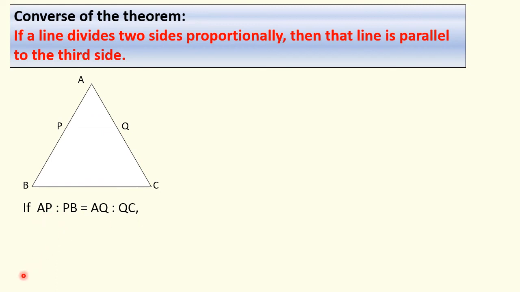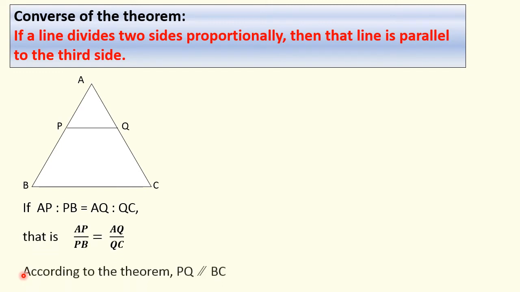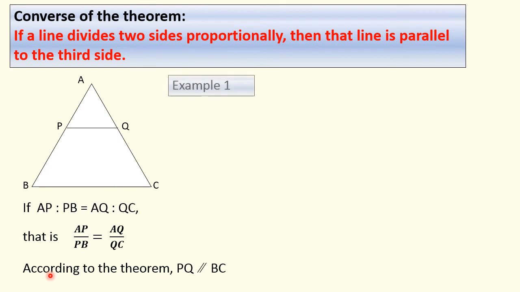If these ratios are equal, that means proportion, then the conclusion is PQ is parallel to BC. Ratios equal means, in fractional form, AP over PB equals AQ over QC. If this equation is true, then the lines are parallel. So this is the converse of the theorem. Let's understand this theorem more using an example.